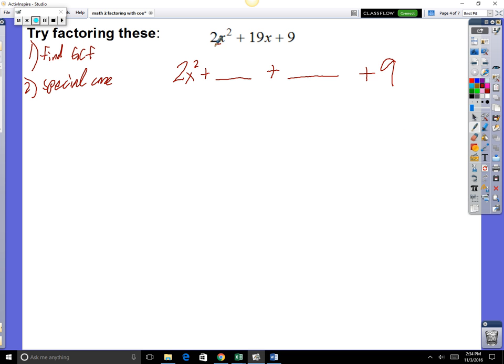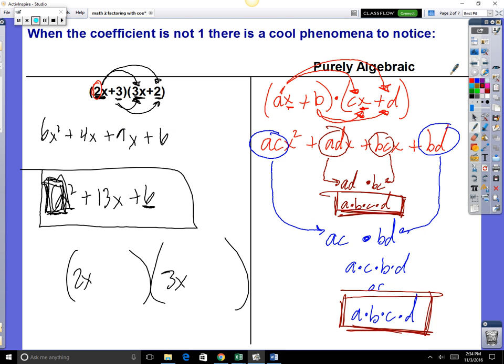I'm going to take these 3 terms and break it up into something that has 4 terms. Here's what I know. I know these 2 terms need to add up and give you 19x's. So I don't want to do 19x and 0x. I could do 18x and 1x, because 18x plus 1x is 19x. I want four terms right here.